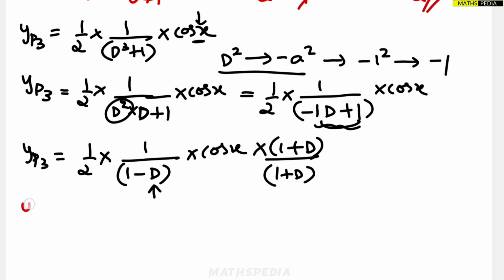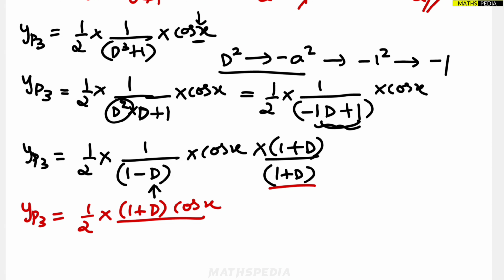So the equation becomes yp3 is equal to 1 by 2 into 1 plus d into cos x divided by denominator part, a plus b into a minus b is a square. 1 square is 1 minus b square, this is b square. So again d square you can substitute as minus a square, which is nothing but the same thing, minus 1 square, which is minus 1.